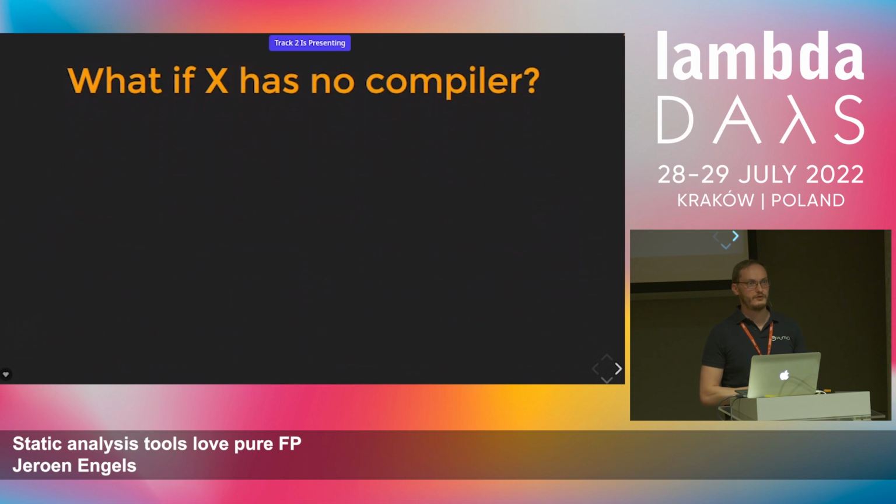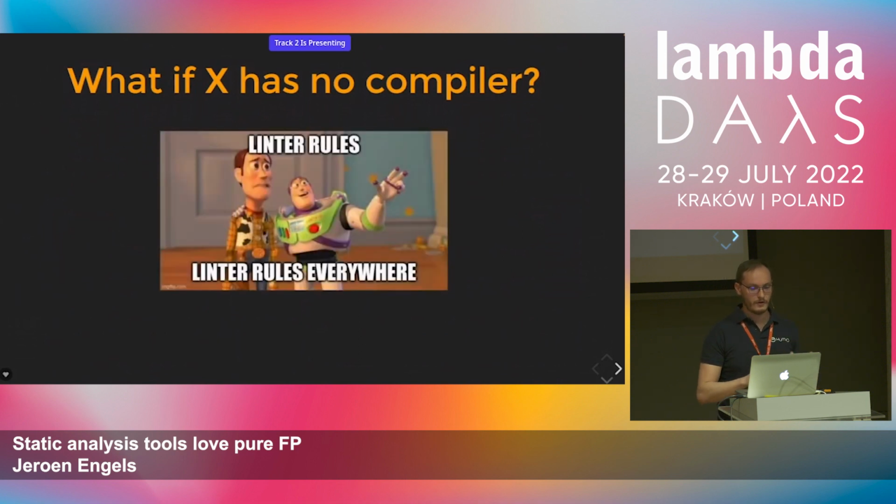But what to do if your language doesn't have a compiler? Like if you're working with JavaScript, Python, or Ruby, or languages like that. Well, what I usually see is people write linter rules. Lots of them, really lots of them. Basically everything that can be a semantic error, everything that a compiler already checks for, you would have a linter rule for that.